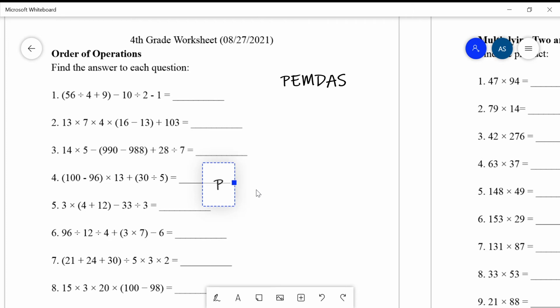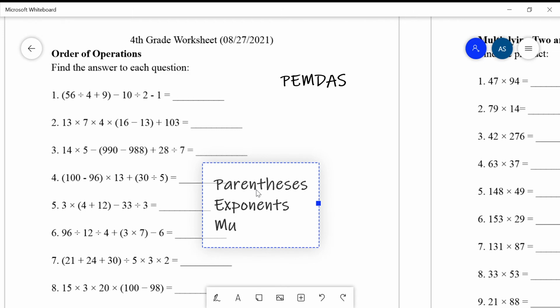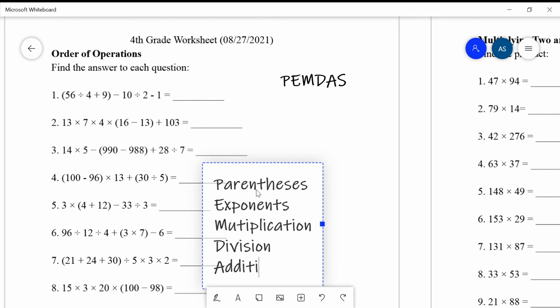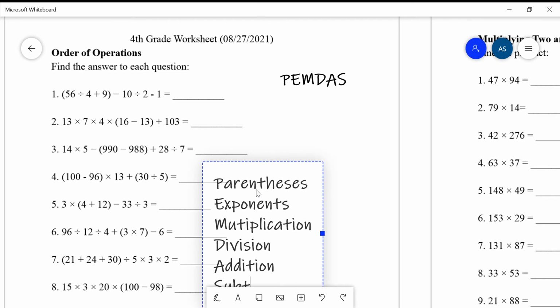So P is parentheses, exponent, multiplication, division, like that, addition, subtraction.